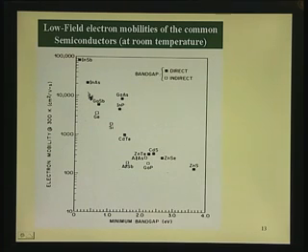It will look like a leaky diode. So, you can't choose those materials even though mobility is high. Come down here. Please note what I have put in this diagram: electron mobility on the y axis, and on the x axis the band gap, minimum band gap.